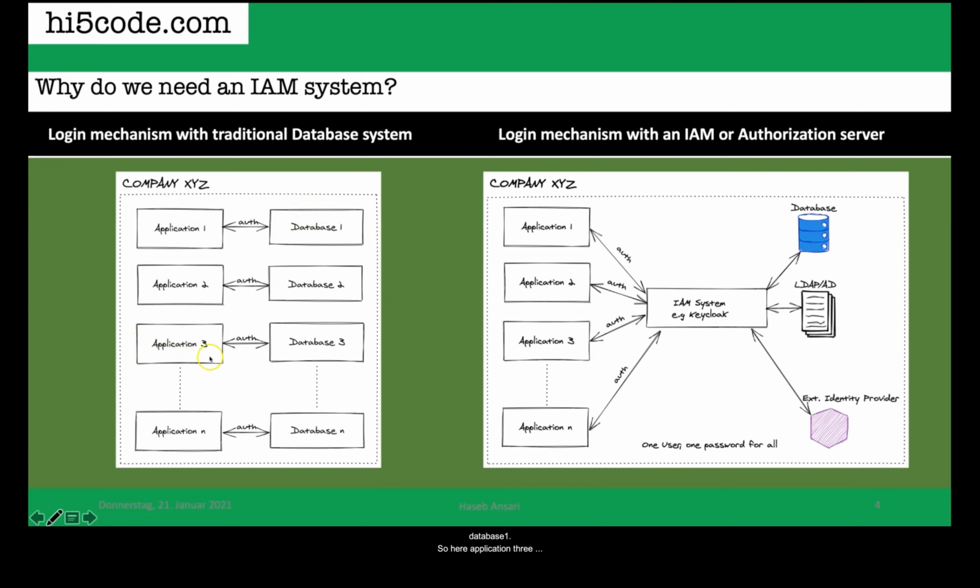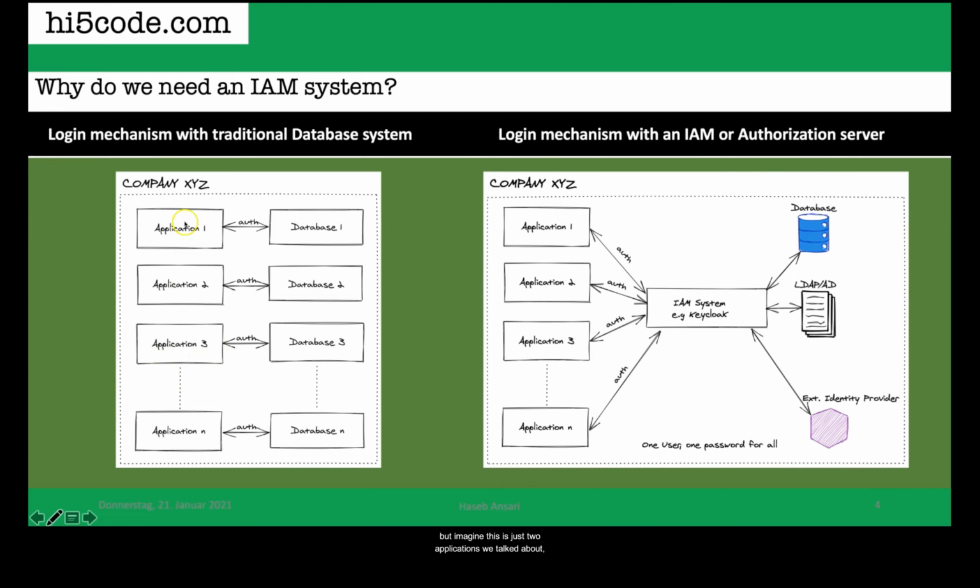So application 3 should also provide a registration component, where the same user will again fill up the form, fill in his credentials, and go through the registration process. The information is saved in database 3, and only then can he authenticate against application 3 the next time and use the information.